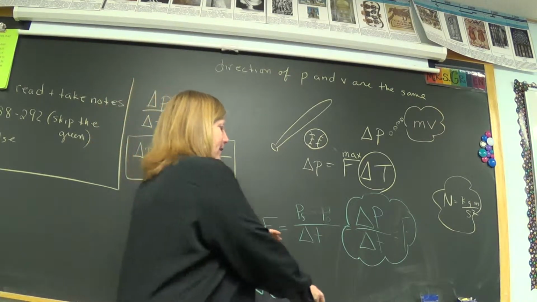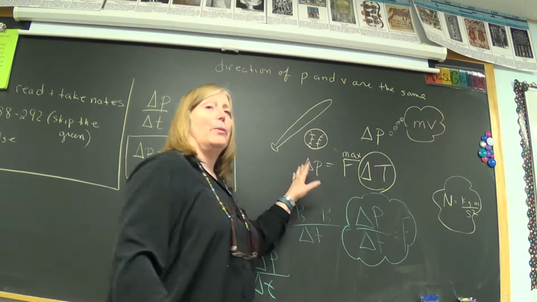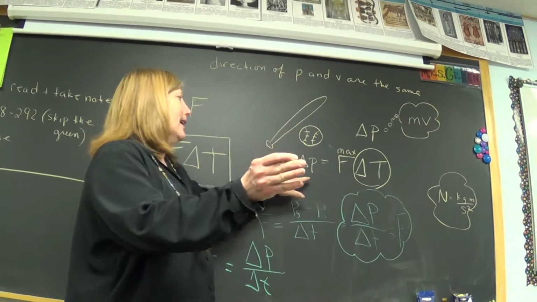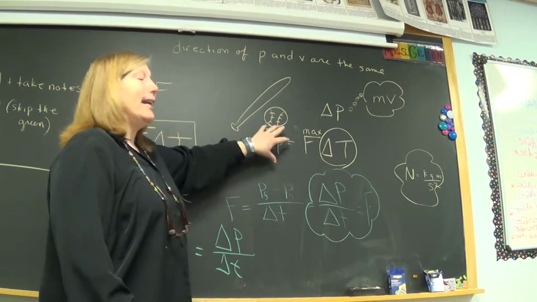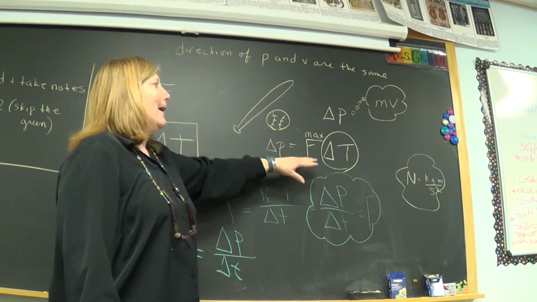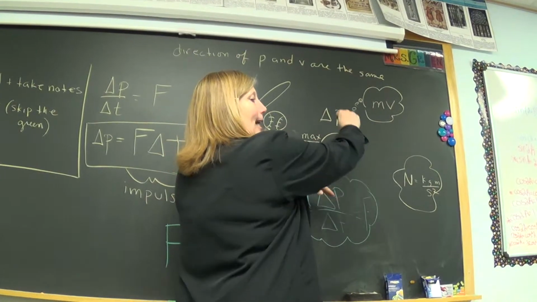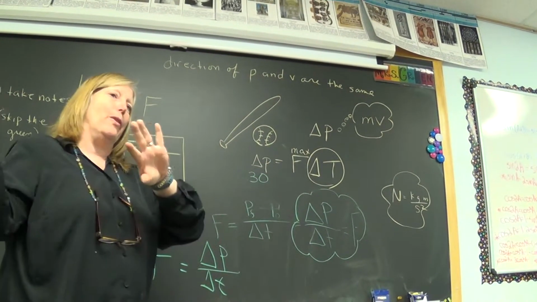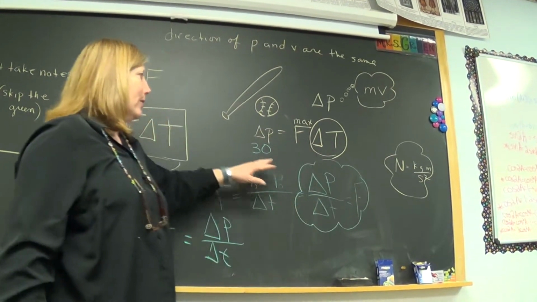So the change of momentum is going to be what it is. You can't control that in an accident. You go from 30 to 0, so the change is 30. But the time can change up and down.